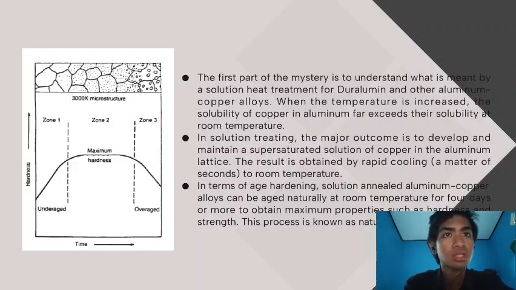In zone 2, maximum hardness is reached. The solute atoms move about, forming small particles attempting to form the precipitate phase. The precipitate phase remains coherent with the aluminum lattice. Strength increases significantly. Zone 3, the precipitates grow in size with continued aging and tend to become non-coherent. The loss of coherency reduces lattice stress, resulting in decreased hardness.